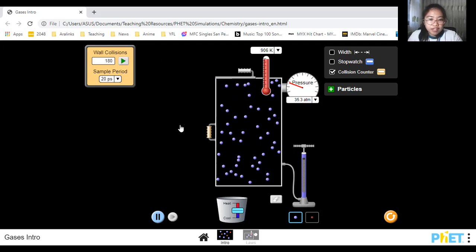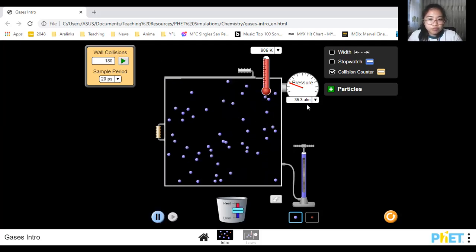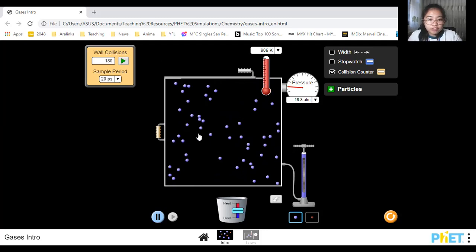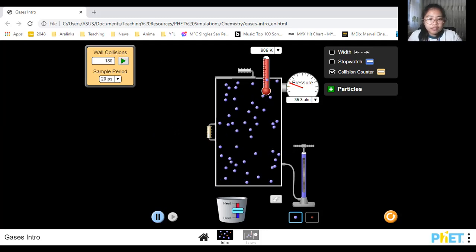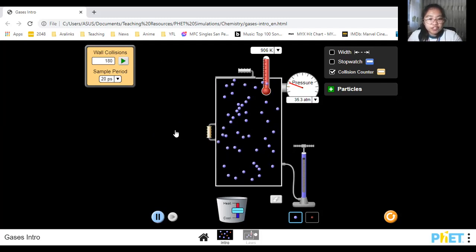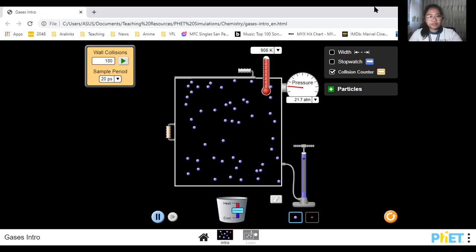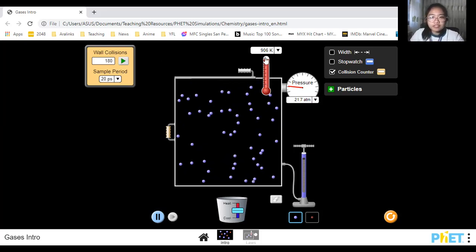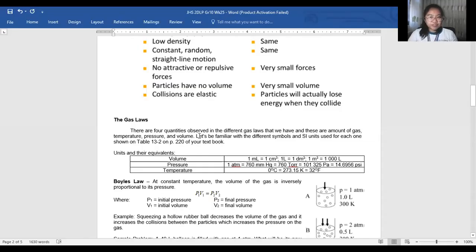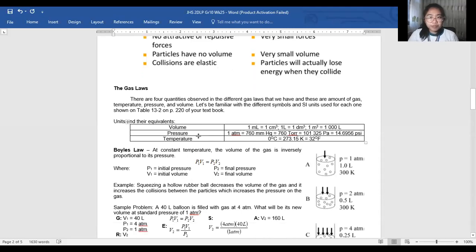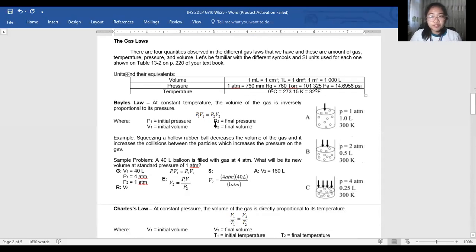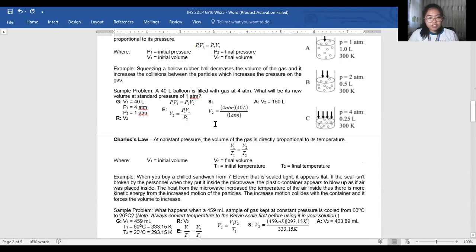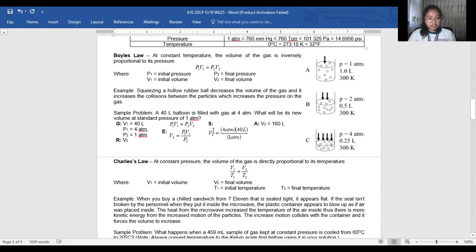Okay, pero nung nilakihan natin, naging 19.8. Kumbaga, inversely proportional nga sila sa isa't isa. Okay? Next. Yung computation part, siguro sa Monday na lang natin i-discuss. So, concepts muna tayo ngayon. Pag nag-synchronous na lang tayo.